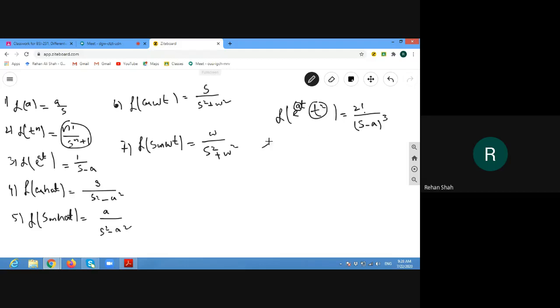I am telling you again, Laplace of e power at. If you remember the Laplace of sine, now if it is multiplied with sine, what is the Laplace transform? First write the Laplace transform of sine, which is omega divided by what? s square plus omega square.